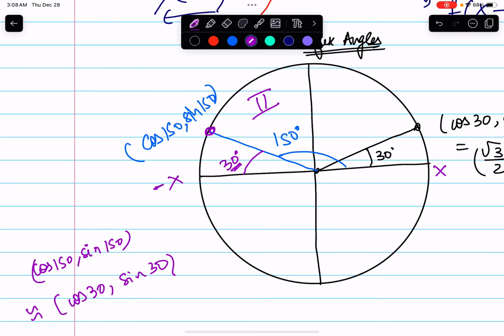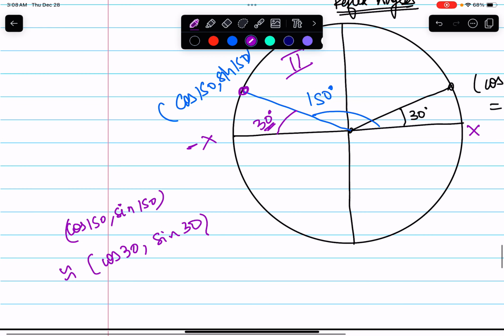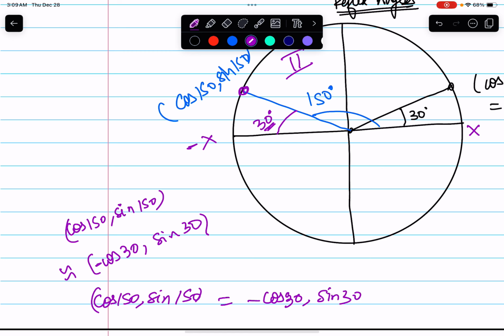But because we are in our second quadrant over here, then cosine of 30 should be negative. So therefore, cosine of 150 and sine of 150 are going to be equal to negative cosine of 30 and positive sine of 30.